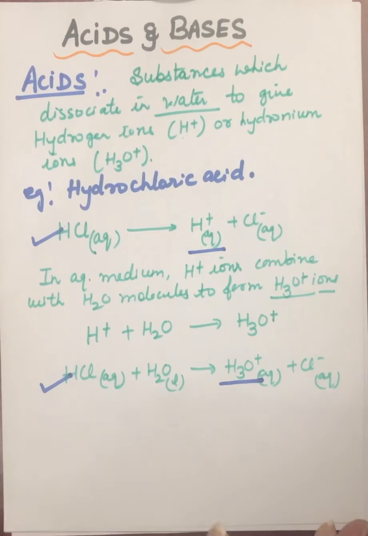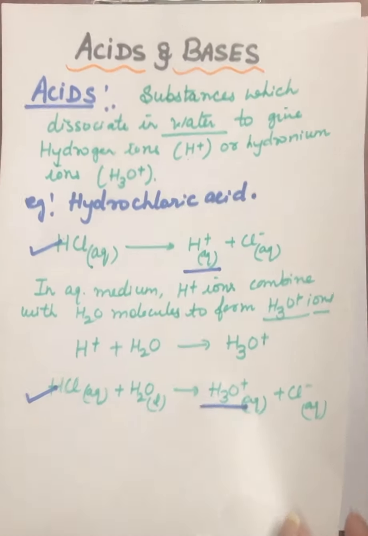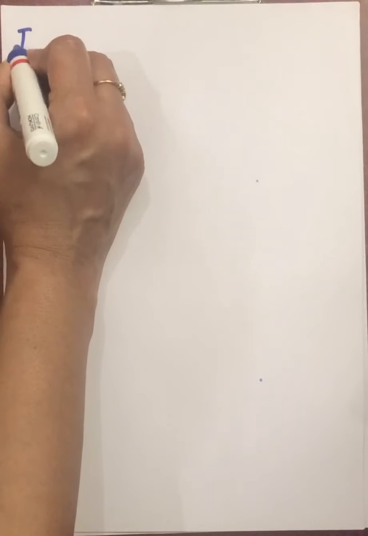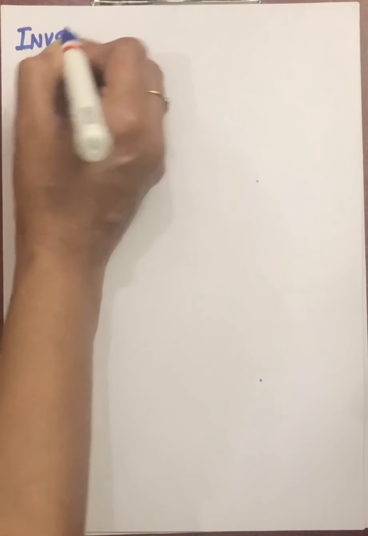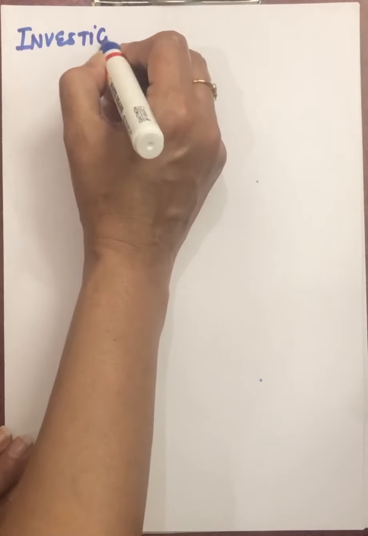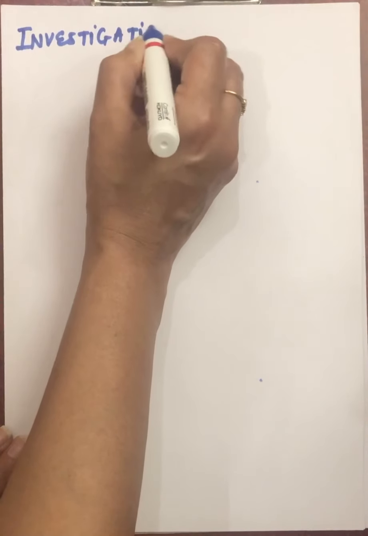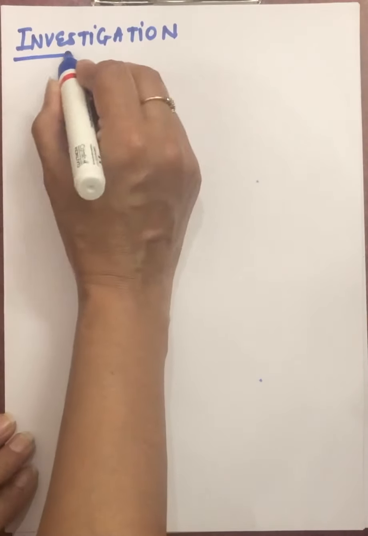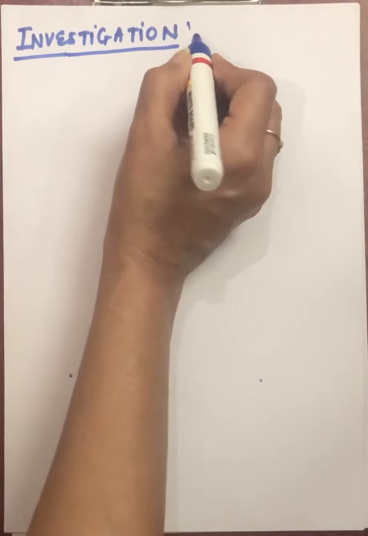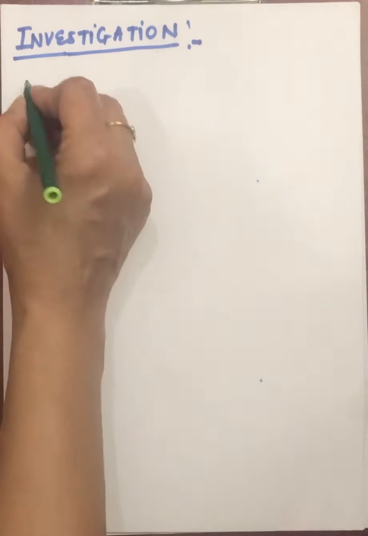Next, after knowing what acids are, we have one investigation here. What we have to investigate is, like I said, that water is a must for the substance to dissociate to form H plus ions or H3O plus ions.